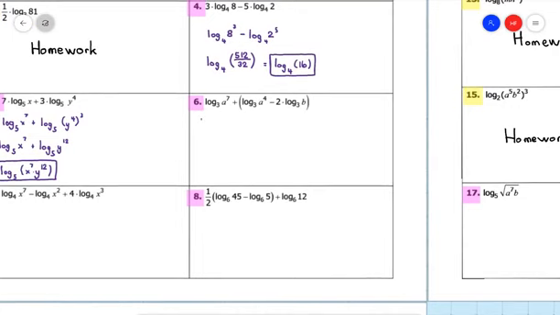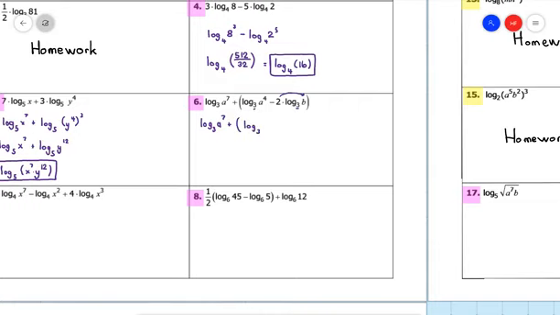Number 6, log base 3 a to the 7th plus, and then we're going to do this part first since it's in parentheses. So they have the same base. This needs to become a power. And so we'll keep it in parentheses in case there are more steps.